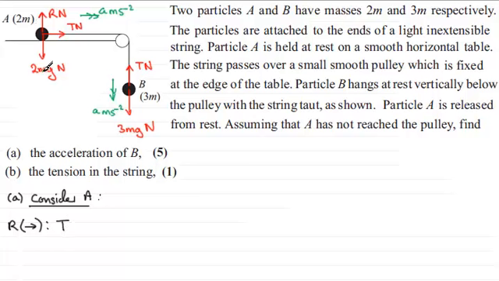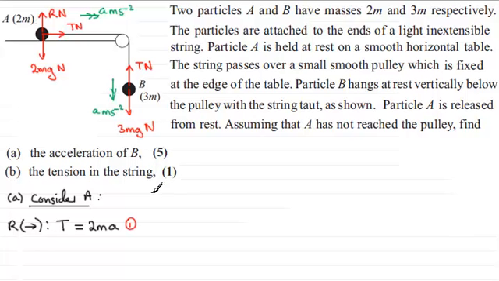As for R and the weight, these are perpendicular to the direction we're resolving in, so there's no effect. So this is the resultant force, and it's equal to the mass times the acceleration. The mass is 2m and the acceleration is a. So there's our first equation then.